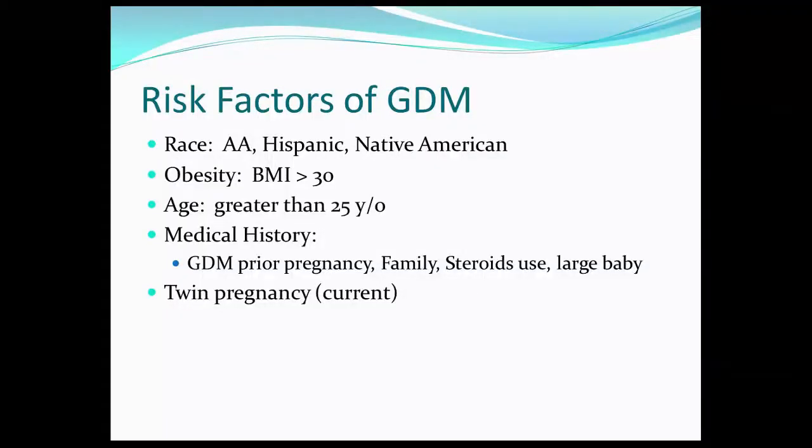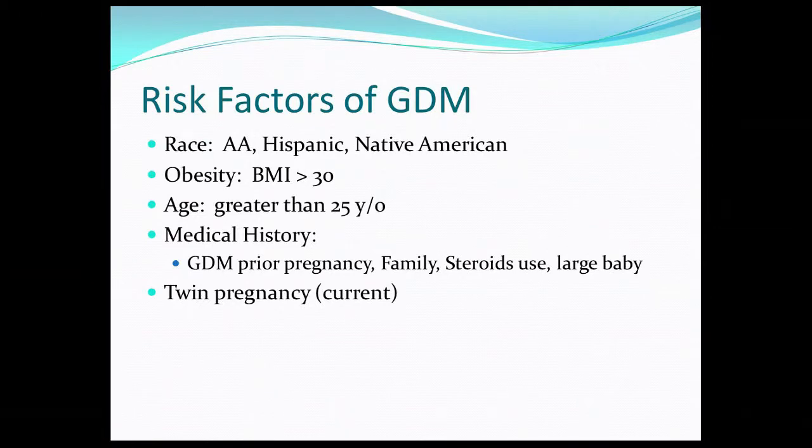What becomes very important is understanding the risk factors in ways that women can eliminate or decrease some of them. In order to decrease risk factors, we have to first know what they are. One of the risk factors has to do with ethnicity. African Americans, Hispanics and Native Americans tend to have a higher rate of gestational diabetes.